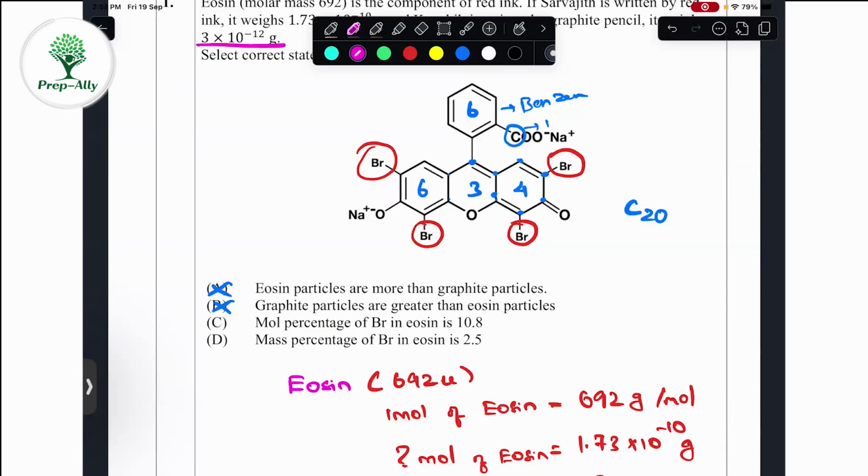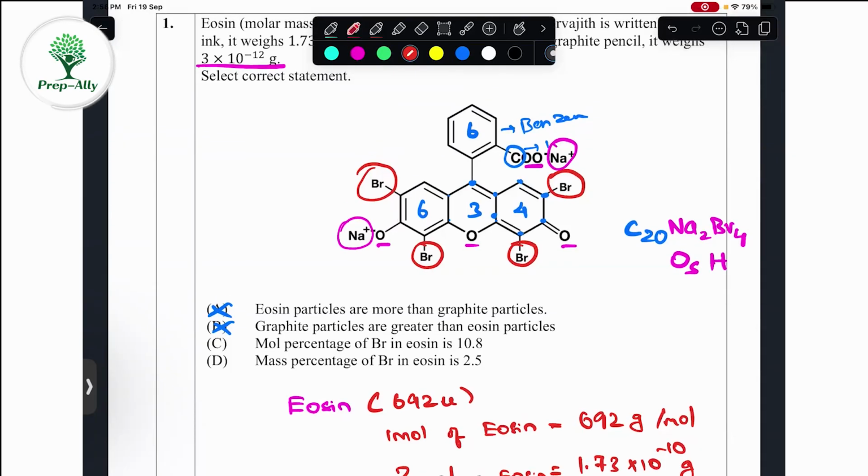And what about other atoms? Let's take Na. Na is 2, so I can write Na2. And bromine is 4, already calculated. What about oxygen? Here 2 oxygen, 3, 4, 5. So oxygen is 5. And what about hydrogen? How many hydrogens are there total? Here one hydrogen. We know that carbon is going to have 1, 2, 3 bonds only, but it should have the fourth bond.